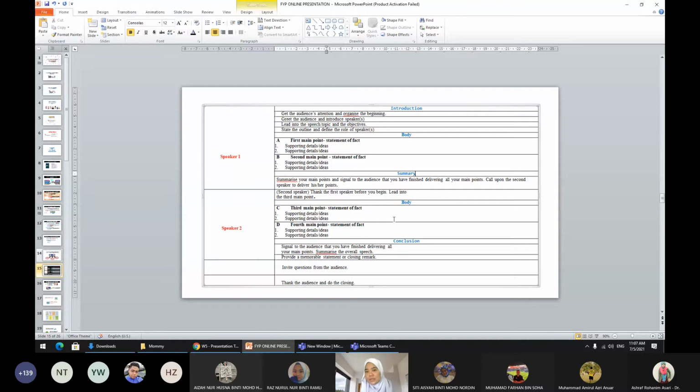And then, when you call out another speaker, that person must take the turn. So it's very important for you to give the turn and take the turn. How do you do that for diploma students who are doing it in a group?